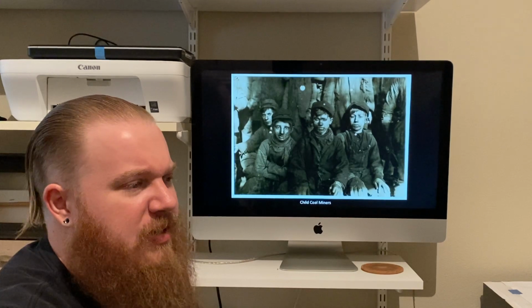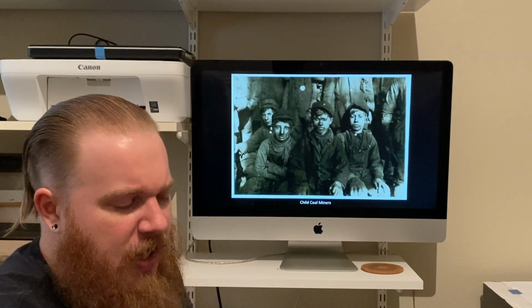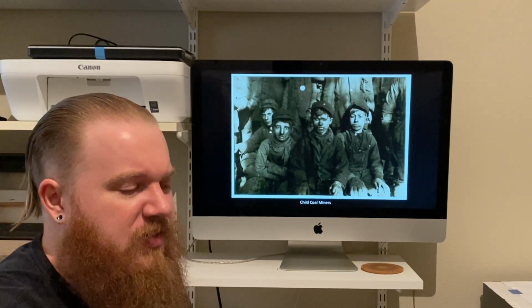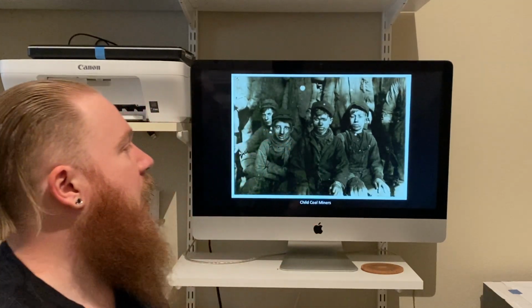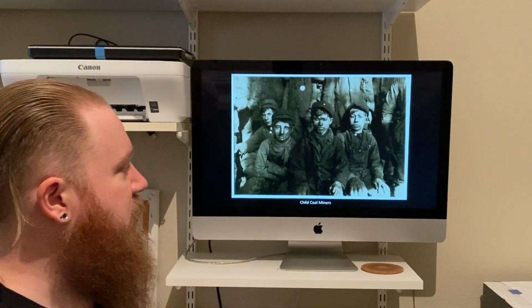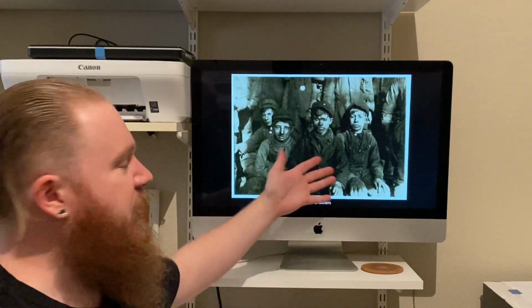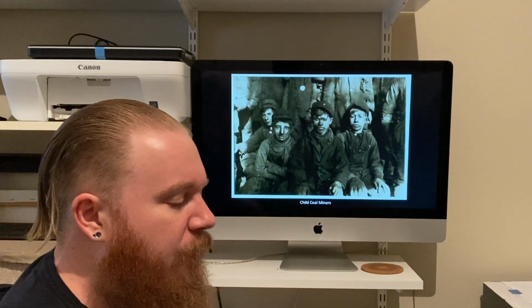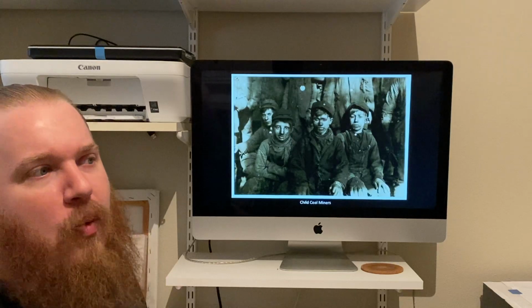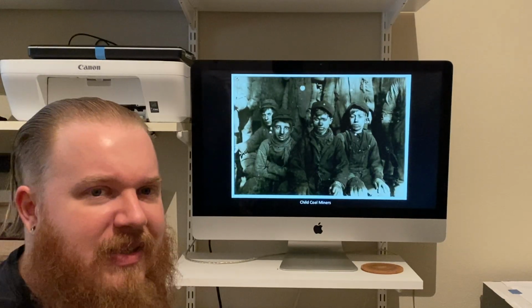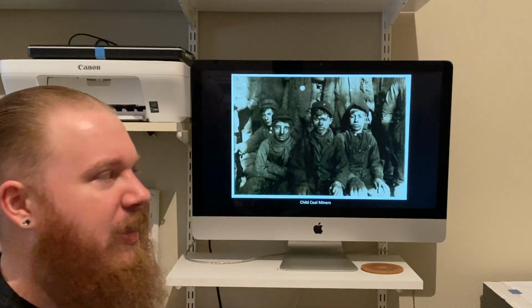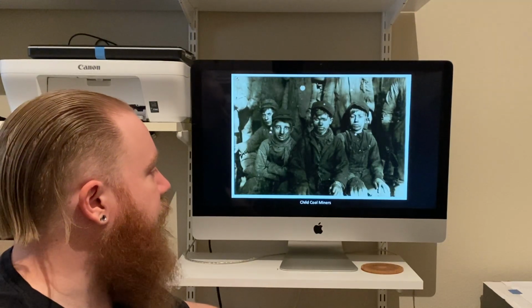Children were used in all kinds of different industries, textiles, canning, all kinds of different stuff like that. But it's out of this that we also start to see people advocating for these individuals, for workers' rights. So, we're not working 6 days a week for 12 hours a day. We're not getting locked into the factory during our work day and all that kind of stuff.